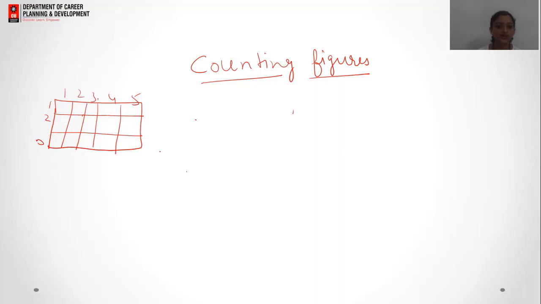The first step is to multiply the total number of rows, that are 3, with the maximum number of columns. 3 into 5. Then we will multiply this 2 with this 4. And now we will multiply this 1 with this 3.